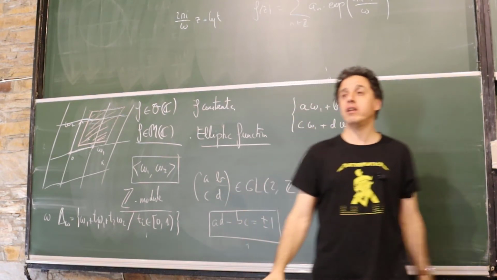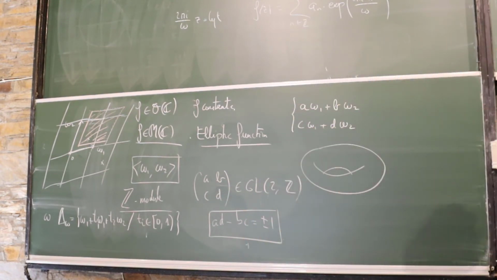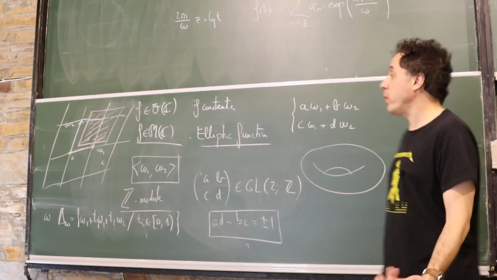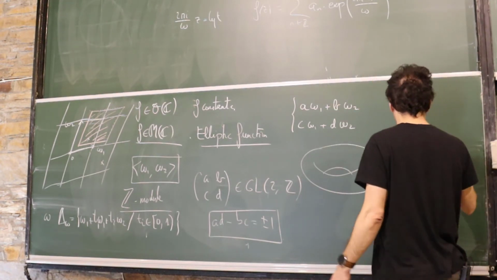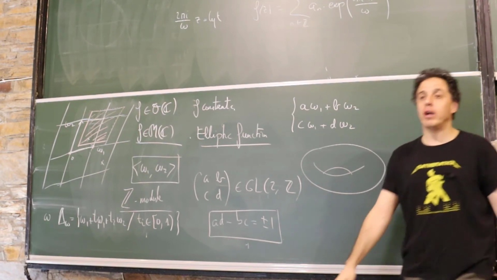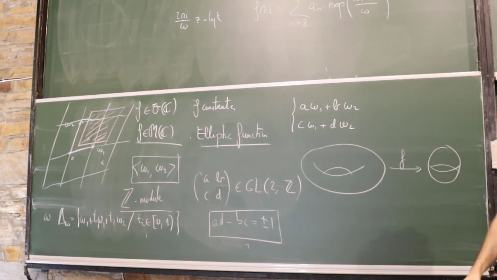You have a torus like this, and what you have is a function defined on a torus with values on the Riemann sphere. So an elliptic function, in fact, is a function between these two Riemann surfaces, a torus and the Riemann sphere. So it could be studied geometrically like this.